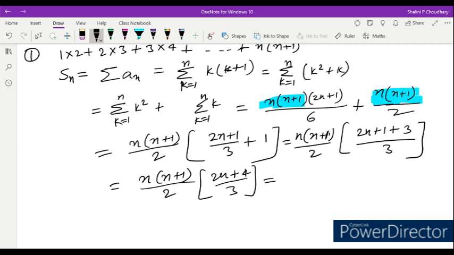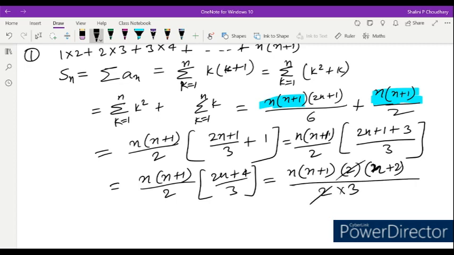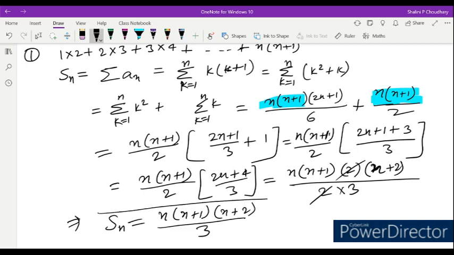Now we'll take 2 common, so we get n into n plus 1 into n plus 2 divided by 2 into 3. The 2 cancels, so the value we get for Sn is n into n plus 1 into n plus 2 divided by 3. So this will be the value of Sn. Okay, this was the first question.